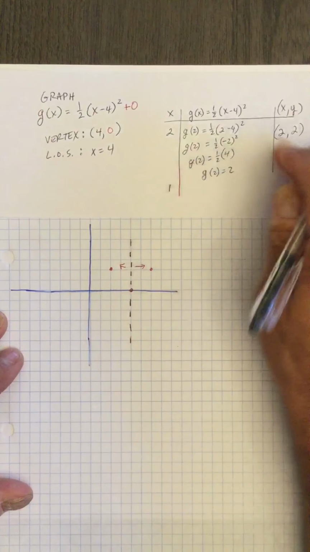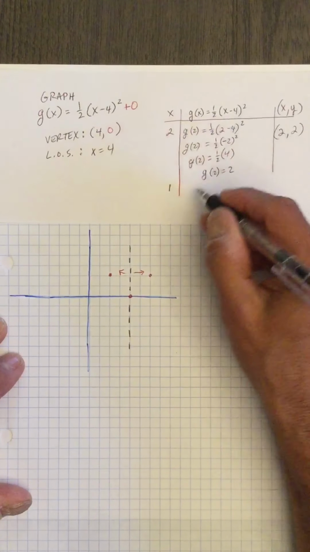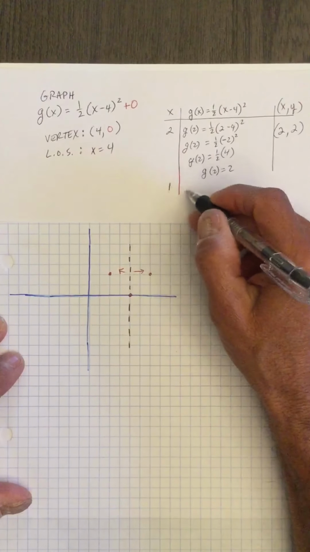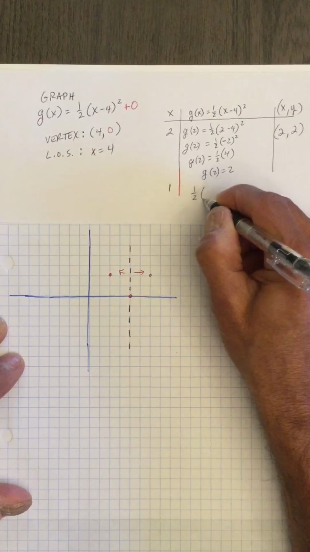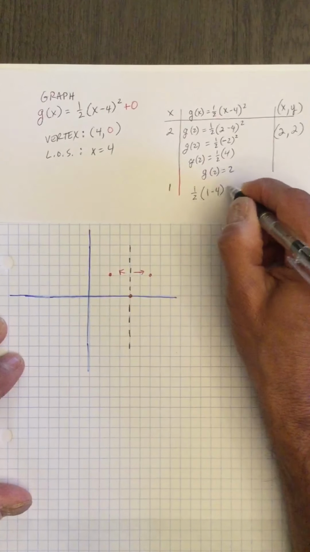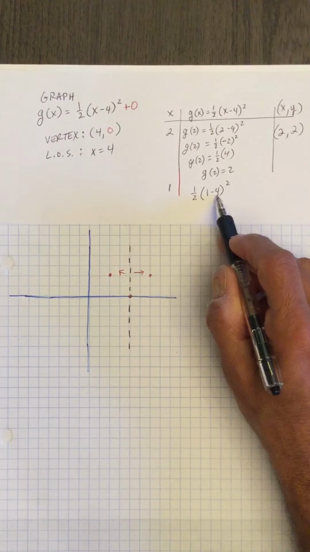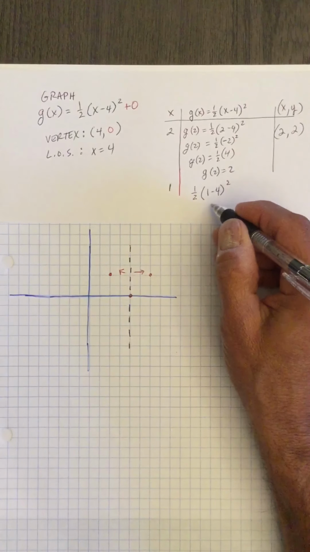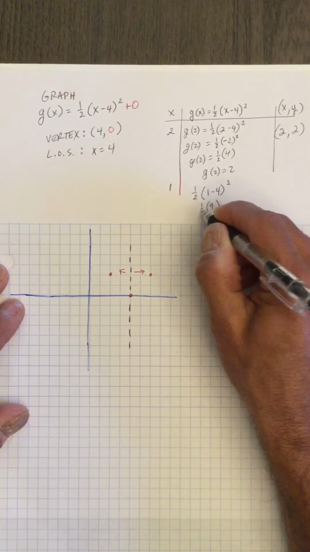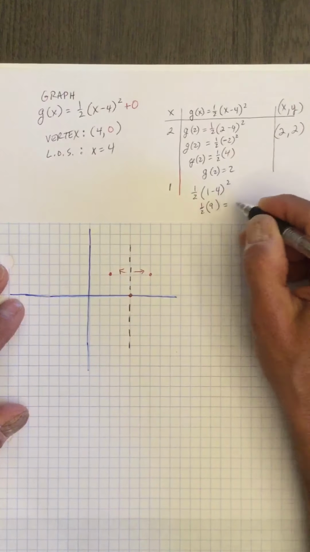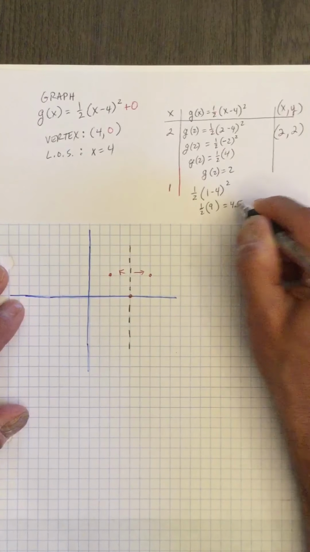And I'll try to make this a little quicker, okay? So if I put a 1 in here, I'm not going to write g of 1. I'm just going to put a 1 in this problem, okay? So it's like 1/2 times 1 minus 4 squared, okay? So what's 1 minus 4? 1 minus 4 is -3. -3 squared is 9, right? What's 9 times 1/2? That's 9 halves. That's 4.5, right?